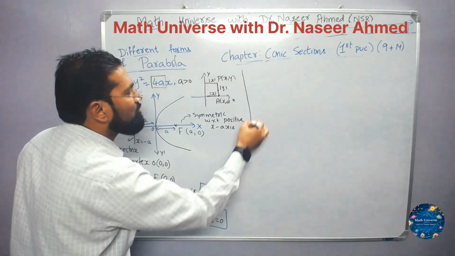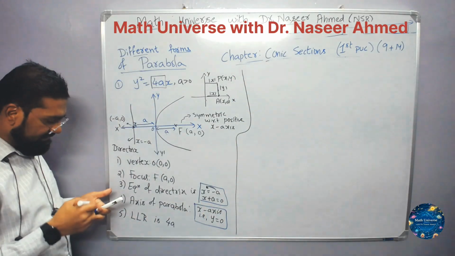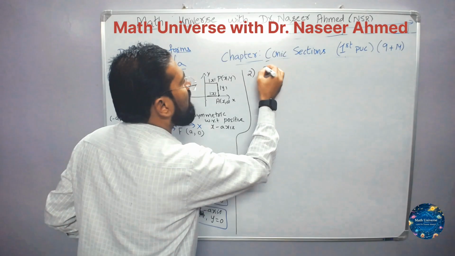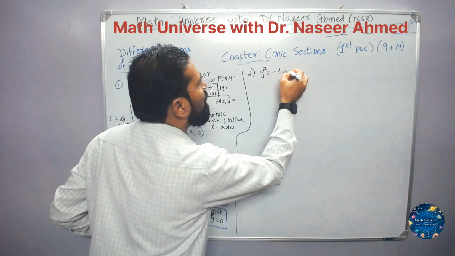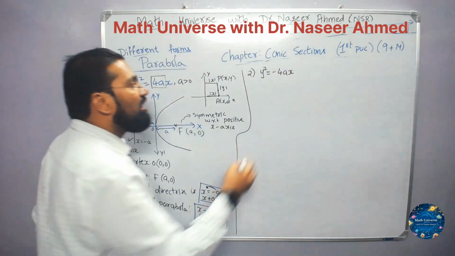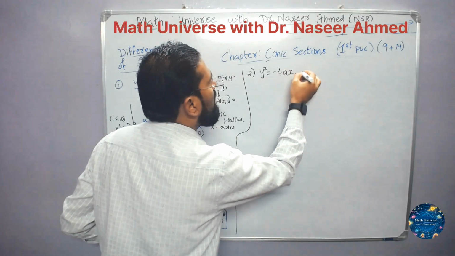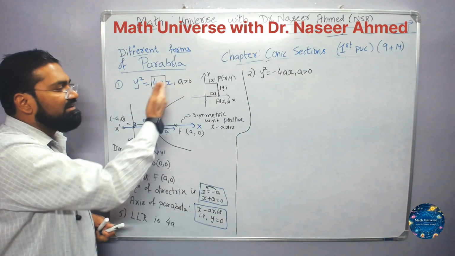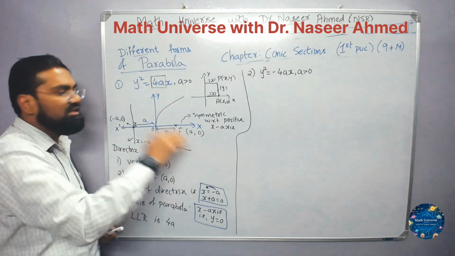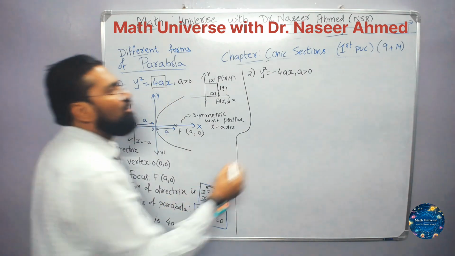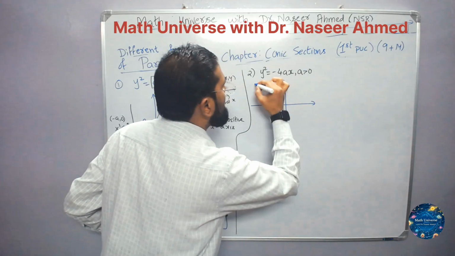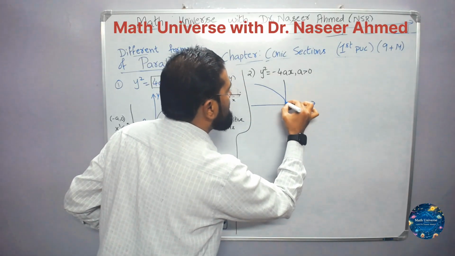Now let us move on to the remaining. See carefully. The second form of the parabola is y square equal to minus 4ax. And for all the cases, a is always positive. Now the parabola which was on the right side of the y-axis, now comes to the left. So the parabola will change its position to this.